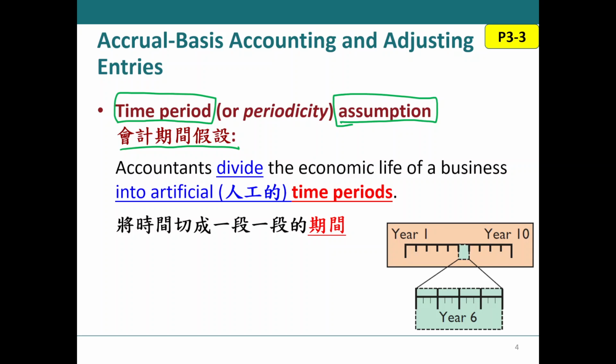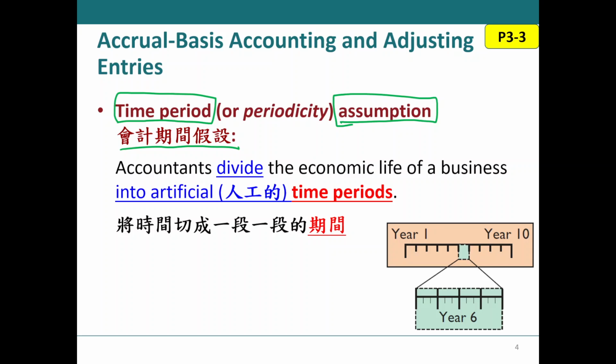Until the moment you die, right? Until the moment you died, you can look back to your whole life and see if you are a good person or bad person. So you should wait for how long? Whole life. For a company, could you wait for the company's whole life to see if it's a good apple or bad apple? Impossible. So that's why we cut the time into periods, 1 month, 1 quarter, 1 year.